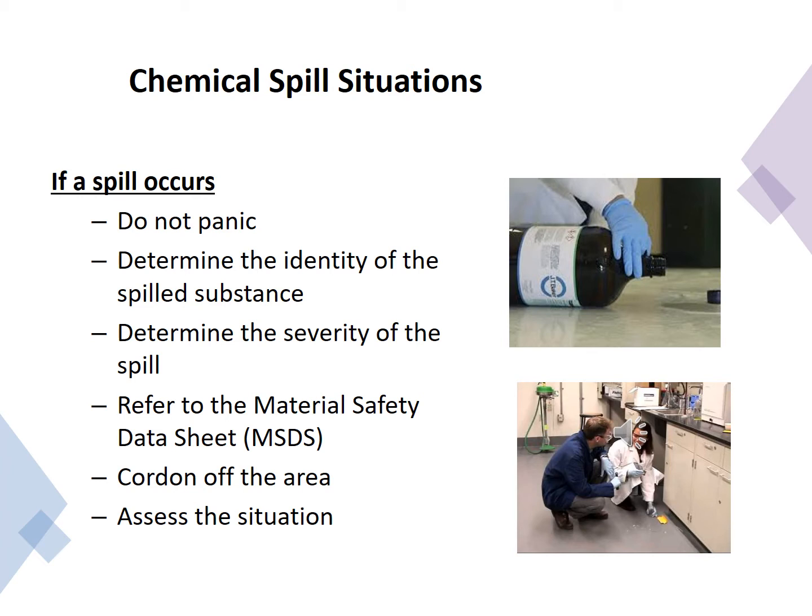Each lab has this document, so go through it, check the information about that particular chemical, and deal with it according to its nature. Then cordon off that area. Cordon means to cover the area, using stripes or tape, so that nobody can enter it. You can limit the access of people or students to that area.